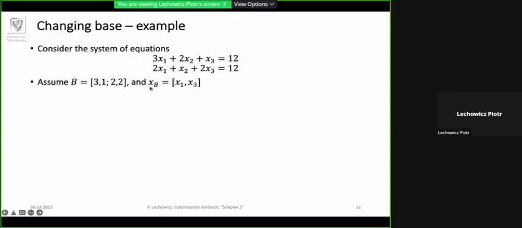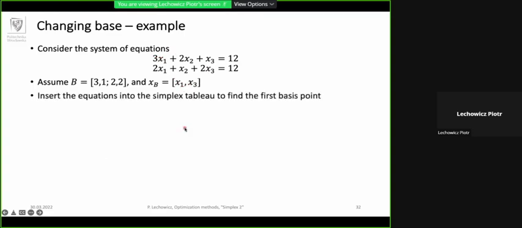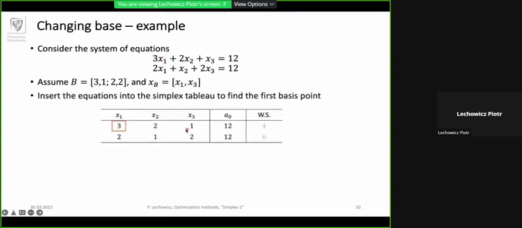So we have such a system of equations. We can assume that our basic matrix is composed from the coefficients of the first variable and the third variable. So our basic vector is x1 and x3. If we insert the equations in the simplex table, we can find the first basic point.